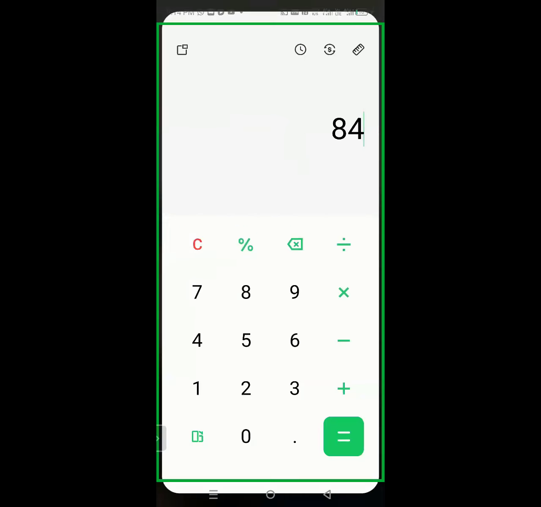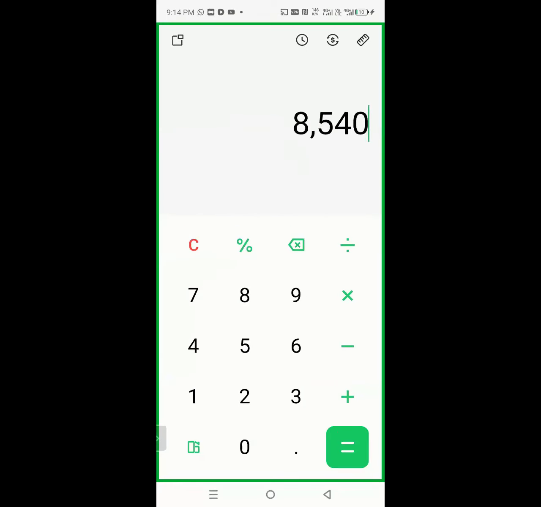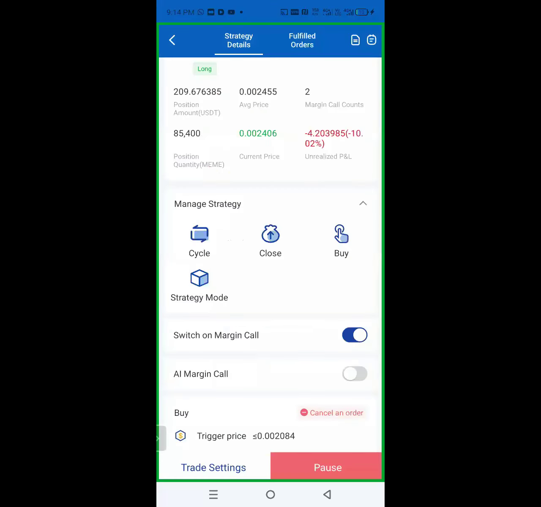85,400. I will now minus my first buy. My first buy is for me to get one.